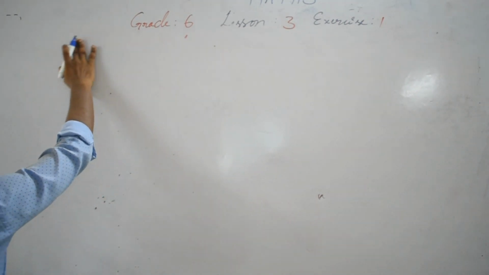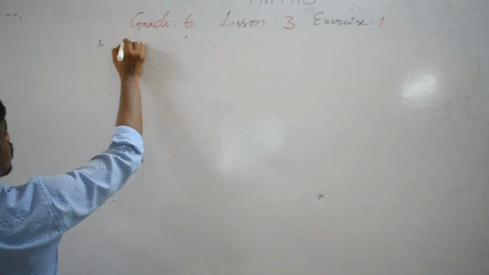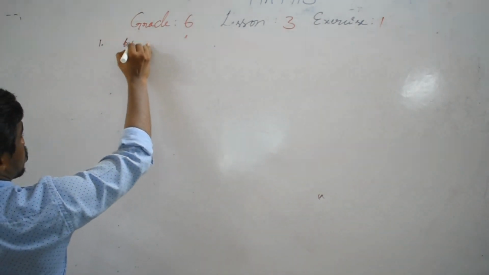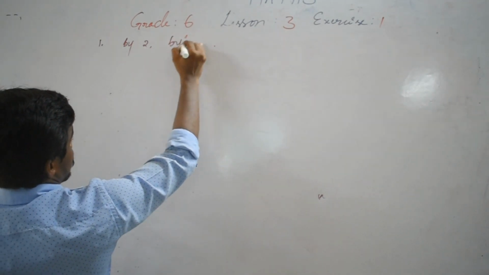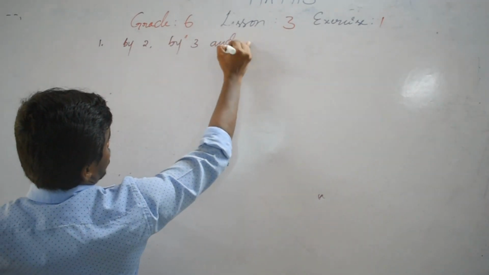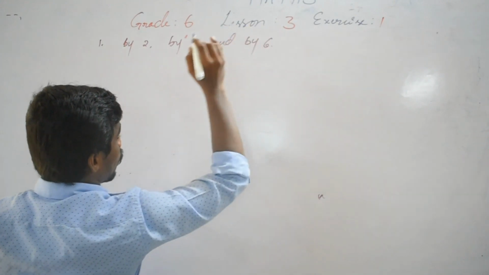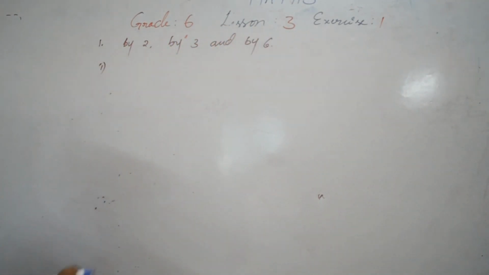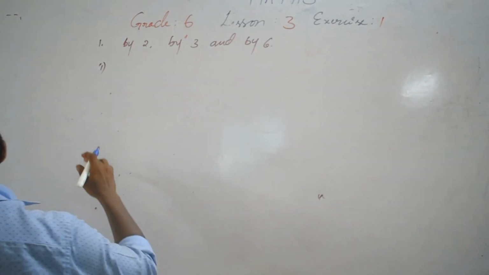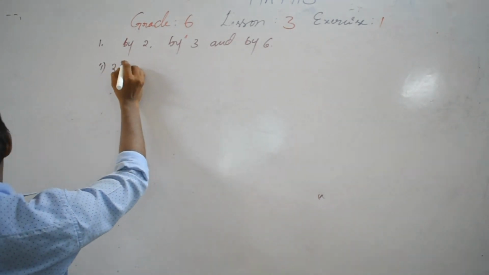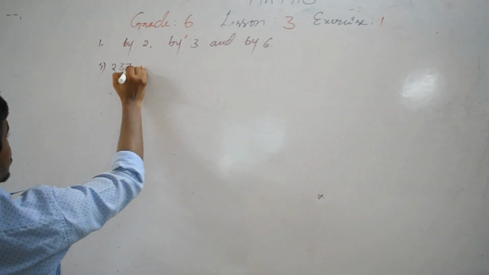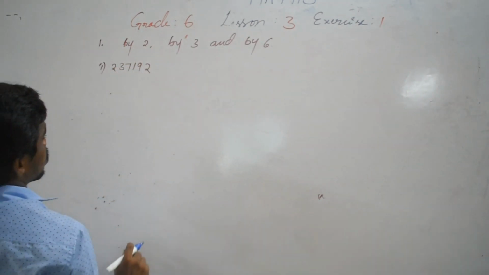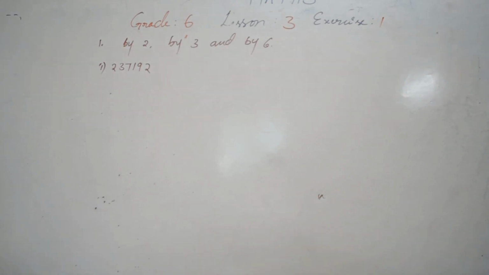Here, 2,37,192. Is this divisible by 2, by 3, by 6?